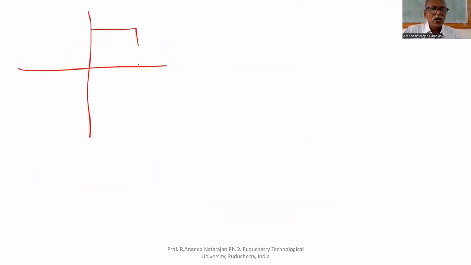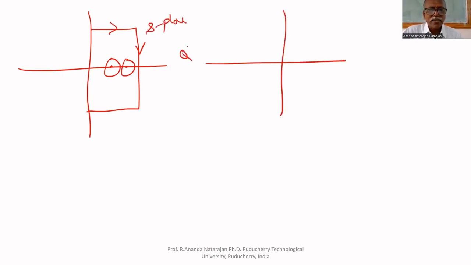Suppose I select a contour in such a way that two zeros are inside. If you select the contour in the clockwise direction of the S plane and do the mapping on the Q plane, you substitute these points on the contour in Q of S and get the complex points.